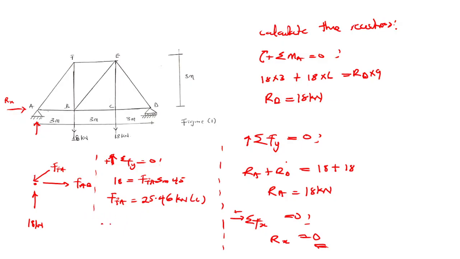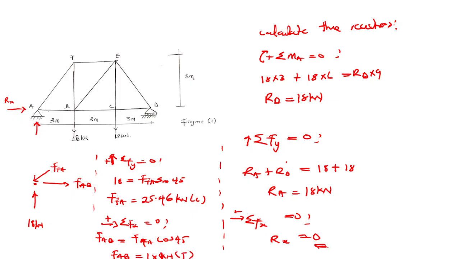Summation of forces in the horizontal direction, that means FAB equals FFA cos 45. If you solve that, you have FAB equal to 18 kilonewton in tension, okay?